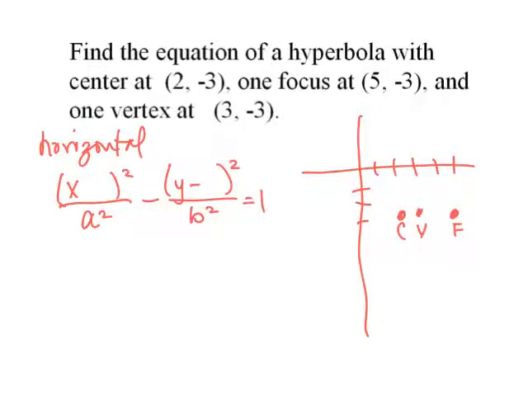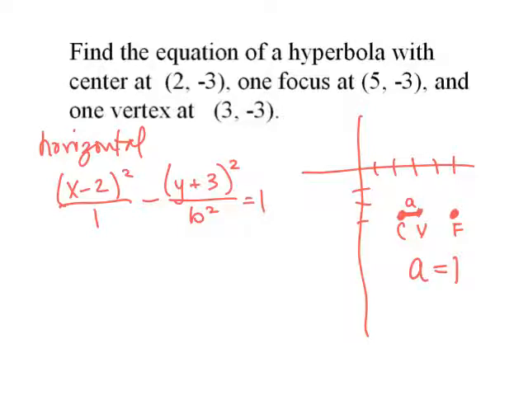So let's write in that key information. Our center is at (2, -3), so it's x minus 2 and y plus 3. We know that A is 1 because that's the distance from the center to the vertex. So that means a squared is 1.